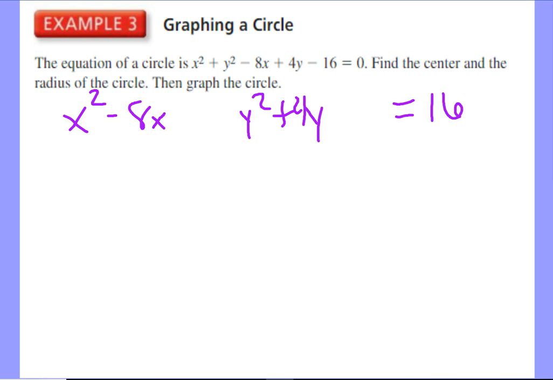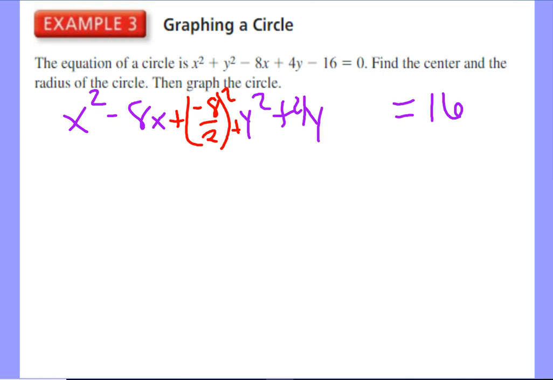You notice I left some space. The reason I left some space is because I'm going to complete the square for my x's and my y's. So I will add my (b/2)^2 for both cases. For my x's, negative 8 is my b, so I will add (-8/2)^2.